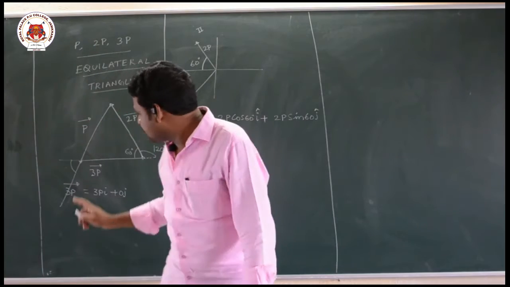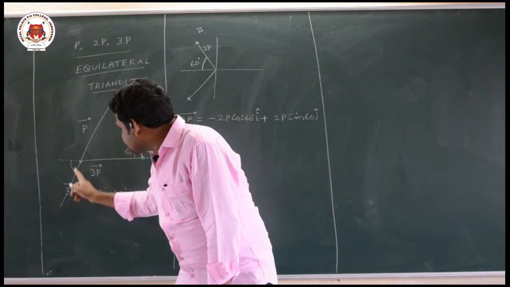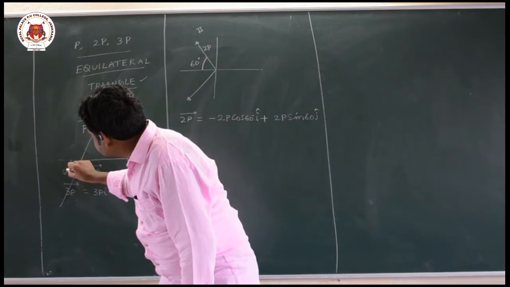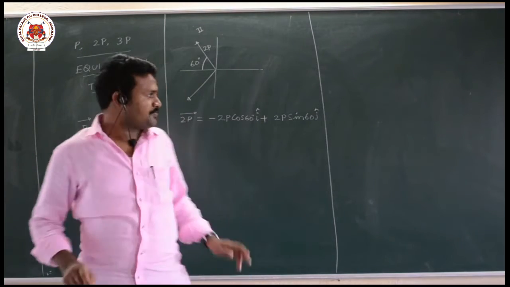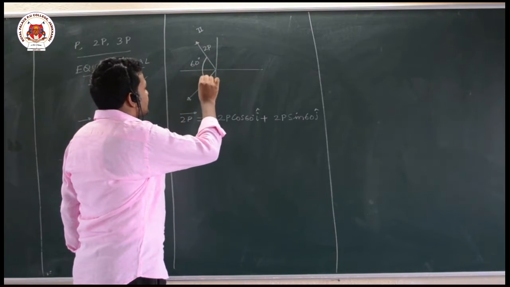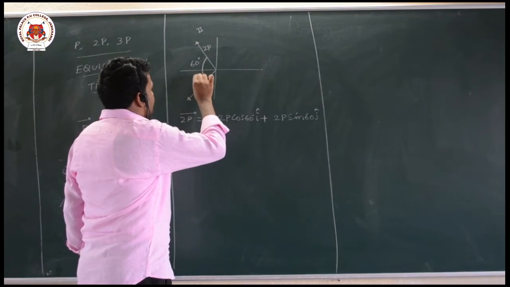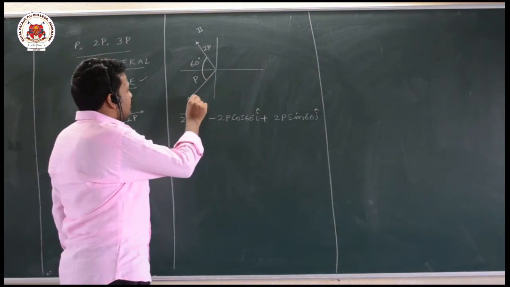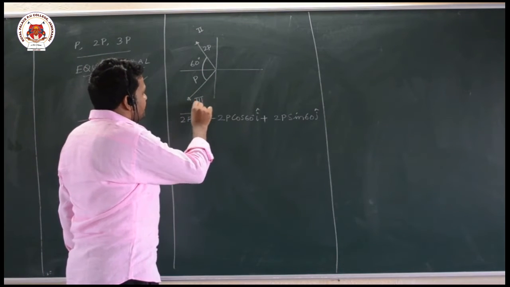Once again you can see here, p bar is acting in this direction. What is this angle? This angle is nothing but 60 degrees. So p bar makes an angle 60 degrees with the minus x axis, and this lies in quadrant number 3.